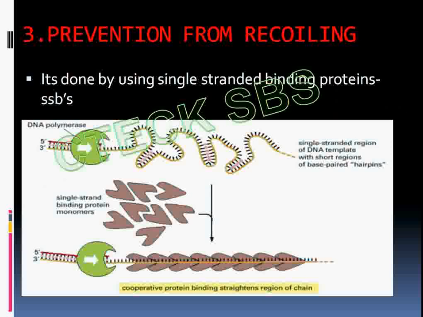Next is the prevention of recoiling. The supercoils have been removed, but now this DNA can recoil anytime because it has a natural tendency to stay in a helix form. So it is prevented by the use of SSBs, which are single-stranded binding proteins, which stick to the single strand so that they may not rebind.